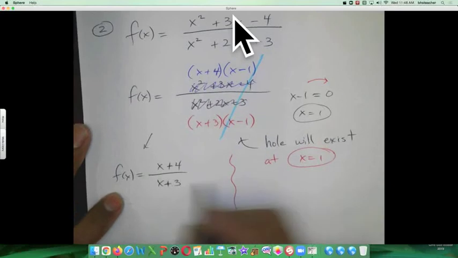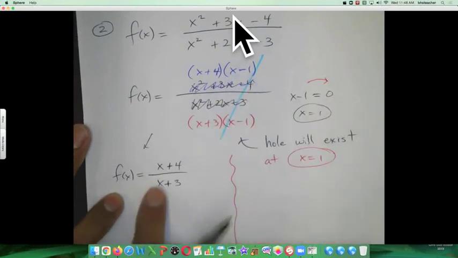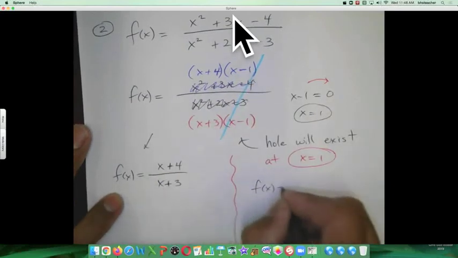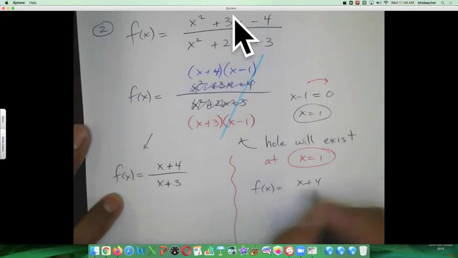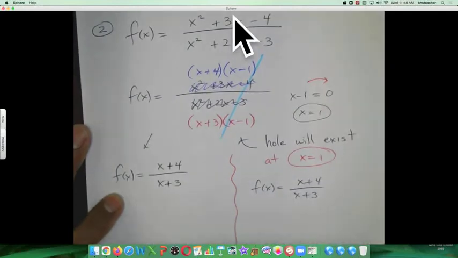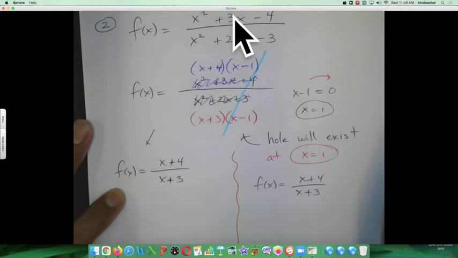So I'm going to copy this part that's left over, f of x is equal to x plus 4 over x plus 3. I'm going to substitute for the x.